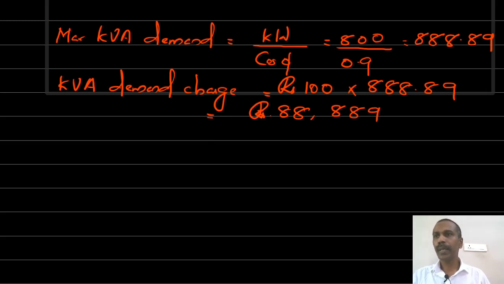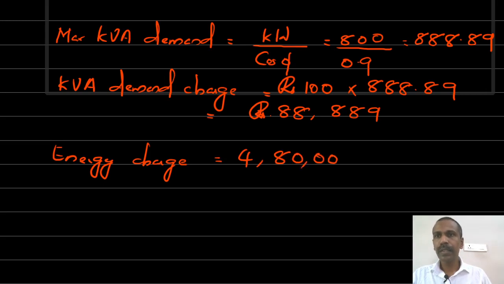This is the kVA demand charge. The energy charges is the same as before, 4,80,000 rupees. There is no change in the energy charge. Now we have to find out the cost of capacitor bank.